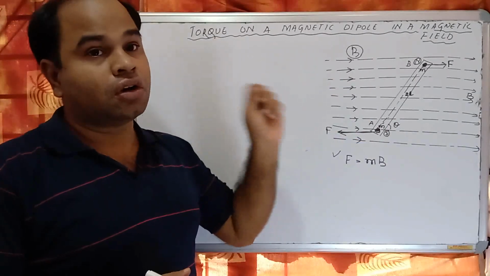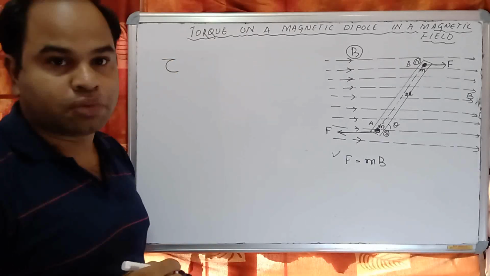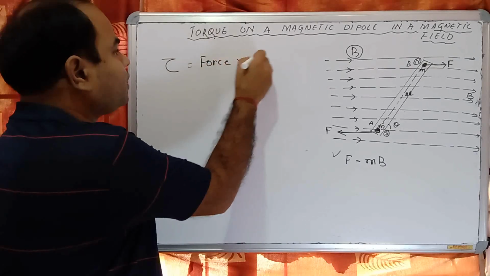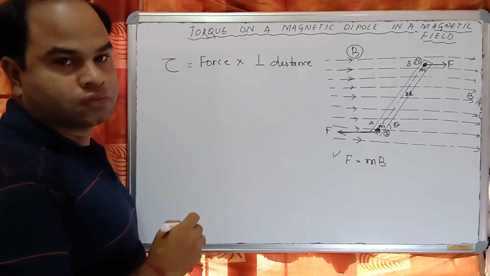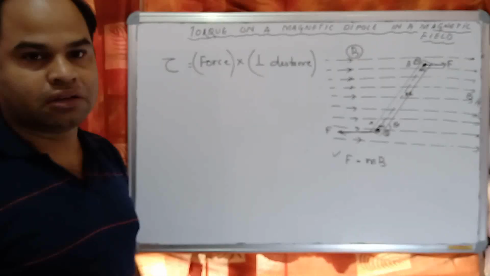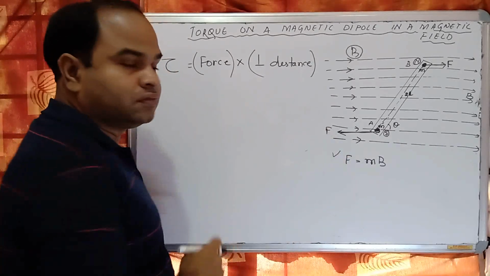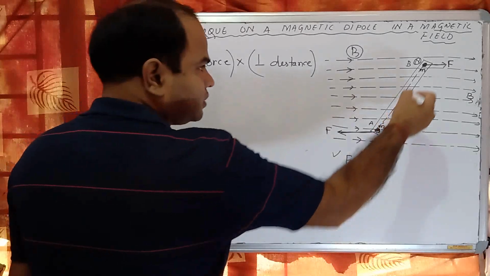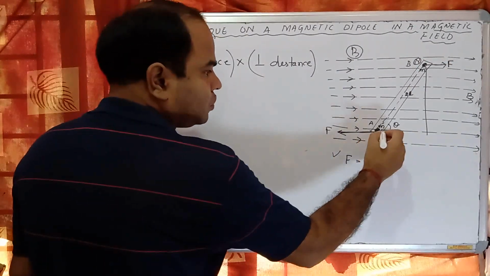The torque tau due to this couple is given by force into perpendicular distance, because torque is equal to force into perpendicular distance. The force in this case is mB. Now let us find the perpendicular distance. Let us drop a perpendicular like this and join this.